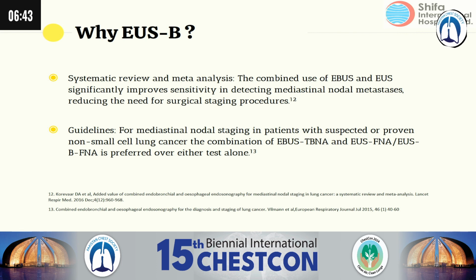We have a growing body of evidence to support the single scope approach. This meta-analysis from 2016 showed that EUS and EBUS combined significantly improved sensitivity in detecting mediastinal nodal metastasis, therefore reducing the need for staging surgical procedures.